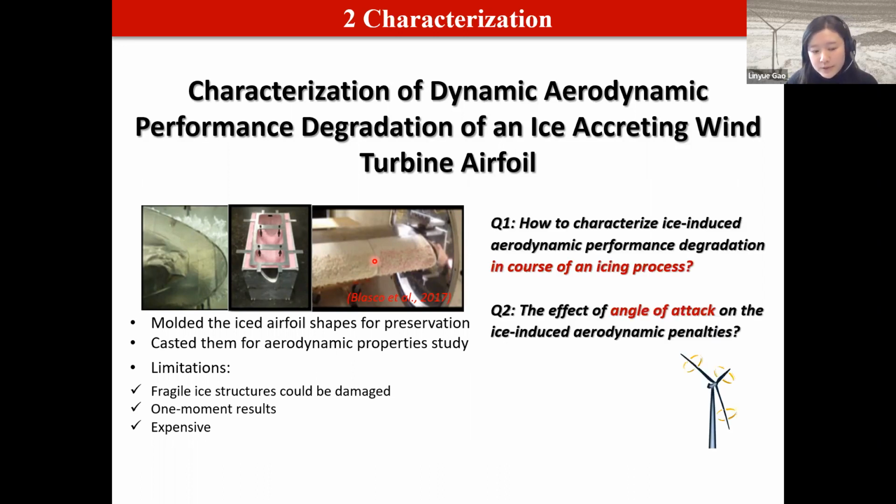So here we come to two questions. The first one: how to characterize the ice-induced aerodynamic performance degradation during the icing process. We not only want to know one moment's results, we want to know a series of results. And also we want to know the effect of angle of attack on the ice-induced aerodynamic penalties.